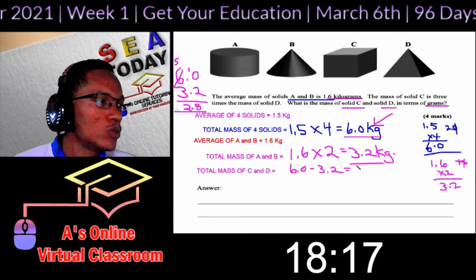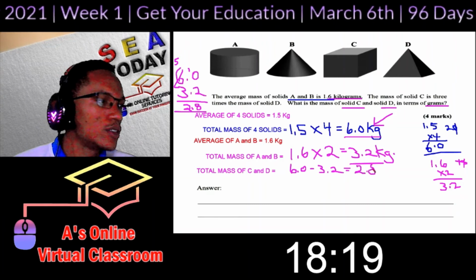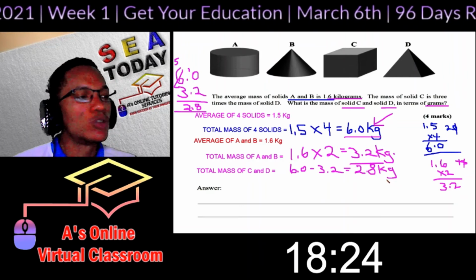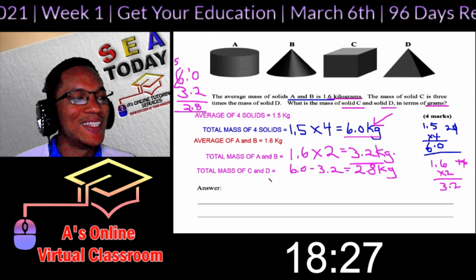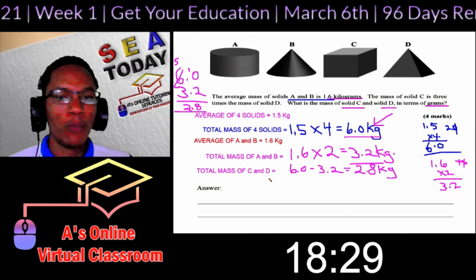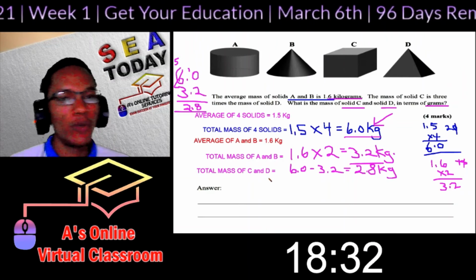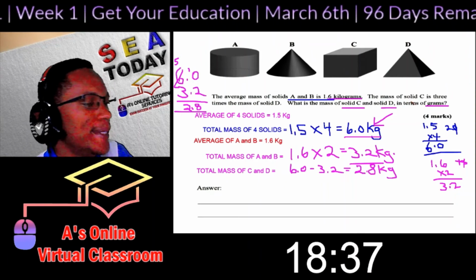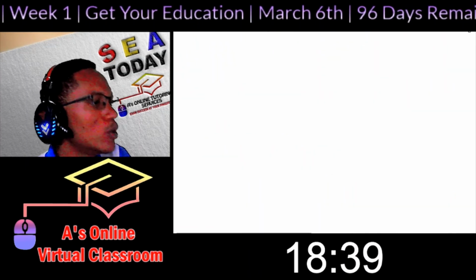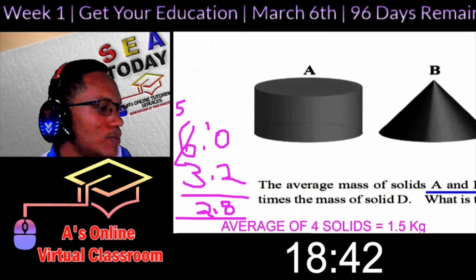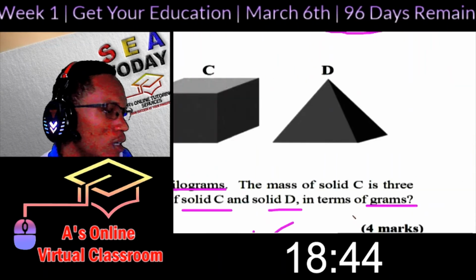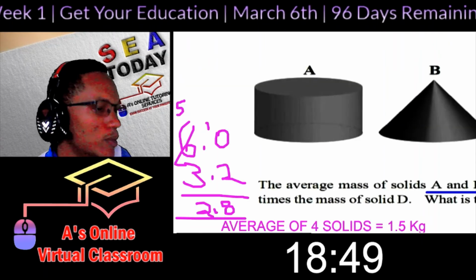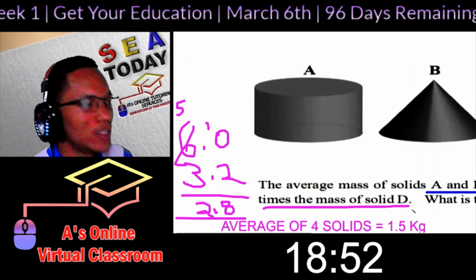So we have 2.8 kg as the total mass of C and D. Now we have to break that down into separate masses for both C and D. So what did the question tell us about this part? Let me find that part. At the end here they said the mass of solid C is 3 times the mass of solid D.